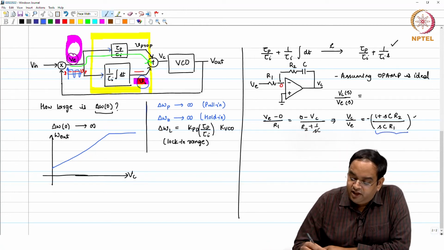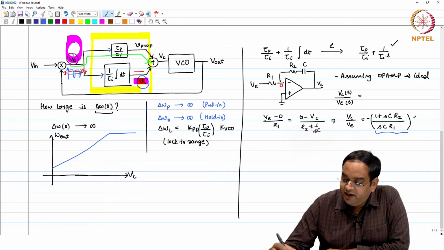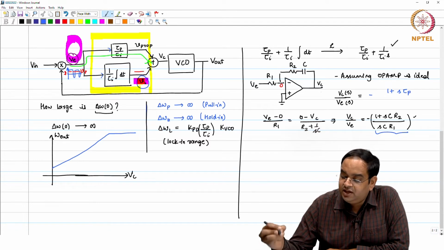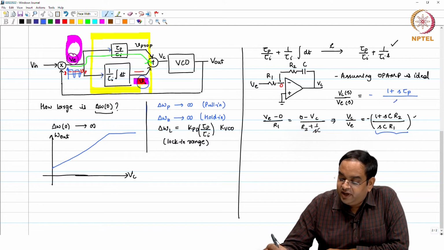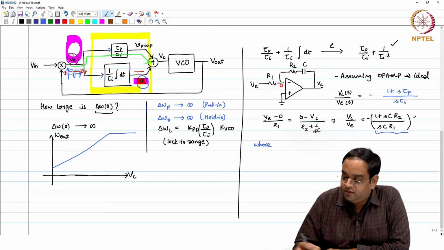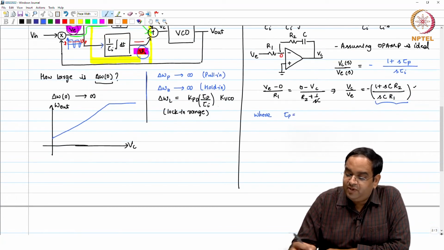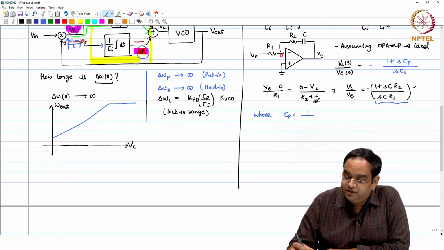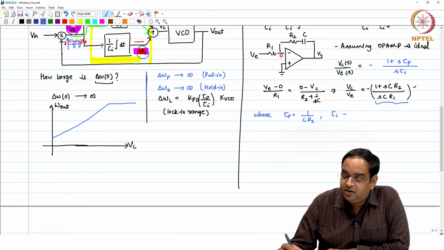Here you see that I can write it as minus 1 plus S tau p by S tau I, where our tau p happens to be C times R2 and tau I happens to be C times R1.